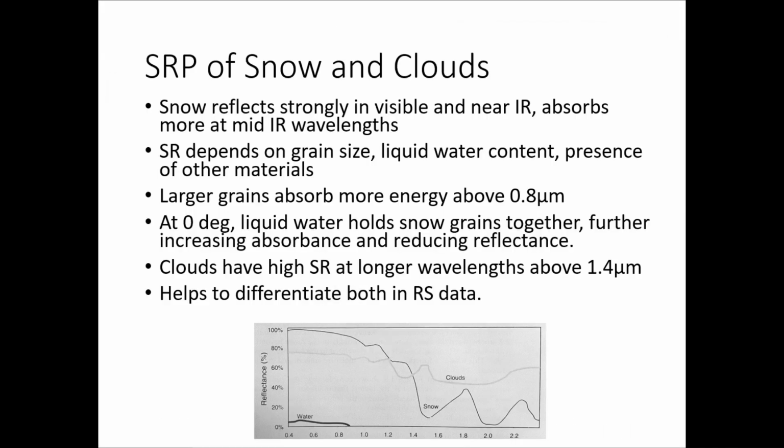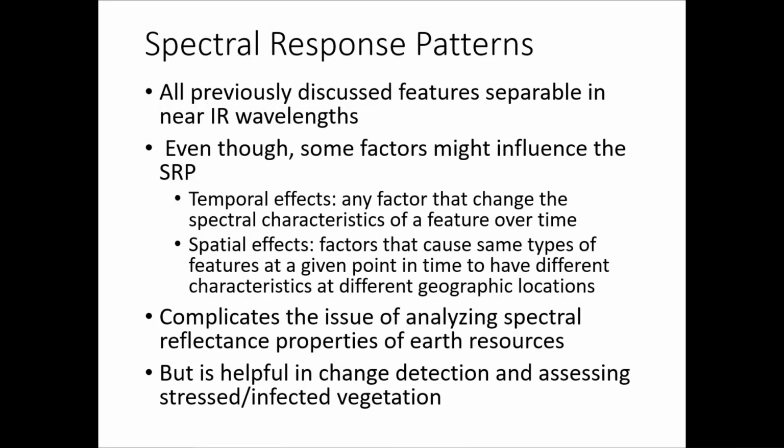So even though most of the features are separable in the near IR wavelengths, as we discussed earlier, there are some factors that can affect this spectral reflectance pattern. Two of those factors are temporal effects and spatial effects.